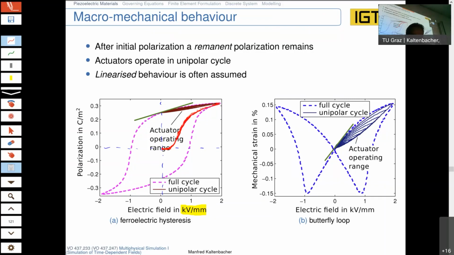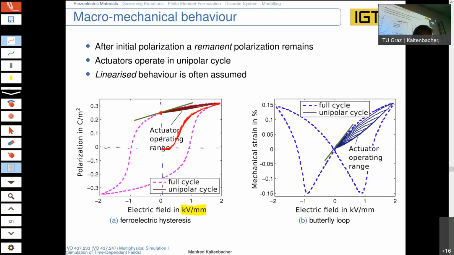Yeah, and if all of the dipoles are more or less aligned, then you come up to saturation. And now, when you reduce the electric field on this material, you go back, for example, as shown here, along this line, and end up here when the outer electric field is zero. So your voltage is now zero.